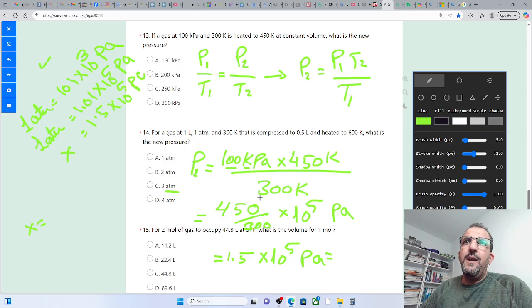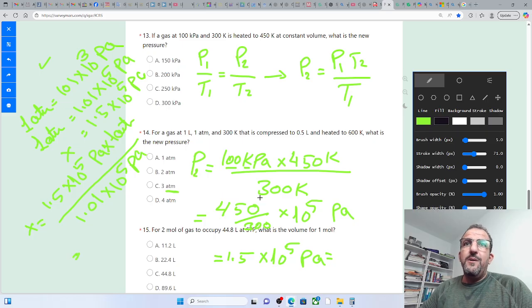Now we solve for x, and you will see that x is equal to 1.5 times 10 to the power 5 Pascal times 1 atmosphere divided by 1.01 times 10 to the power 5 Pascal.